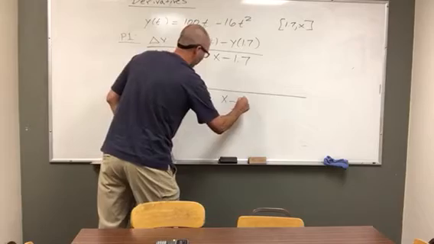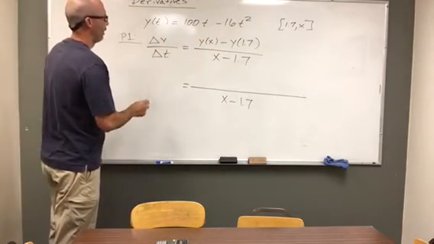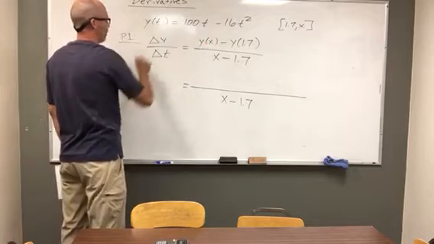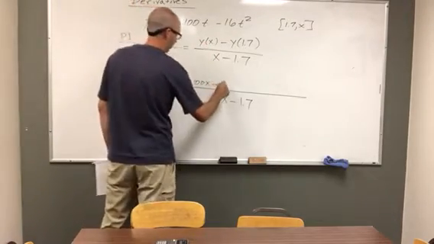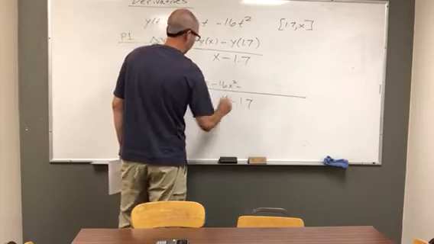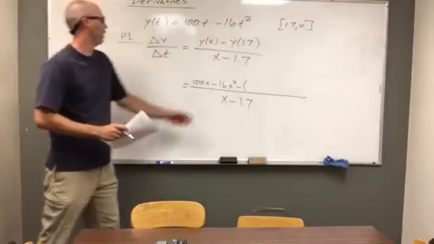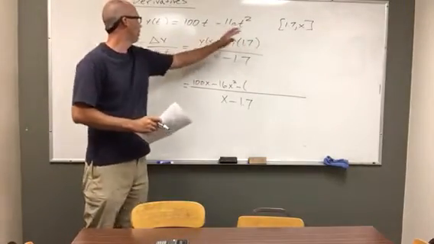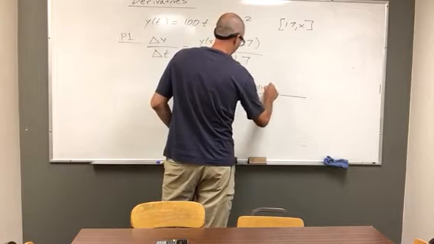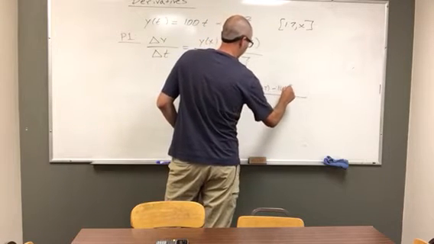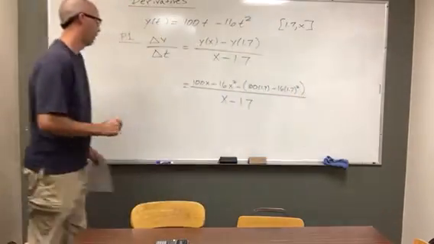Now if I put an x in for t, I get that. I put a 1.7 in for t, like so.